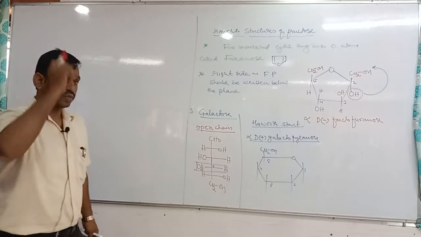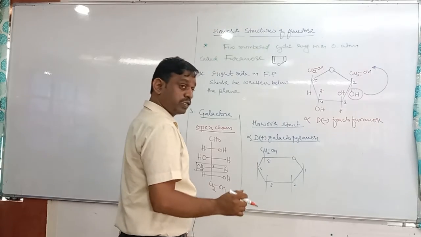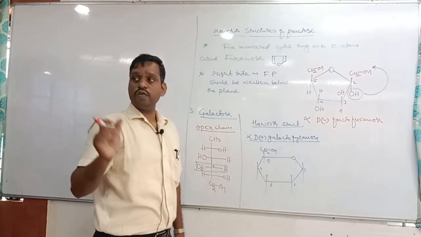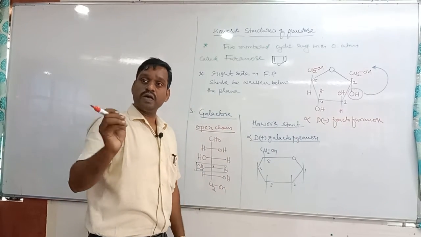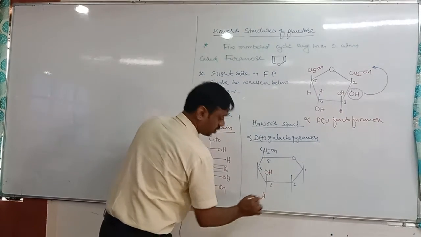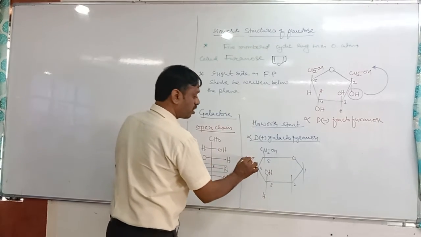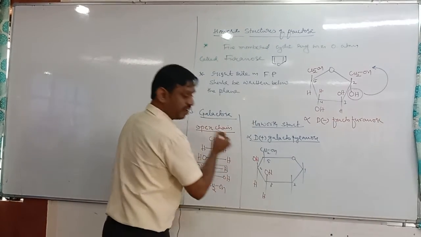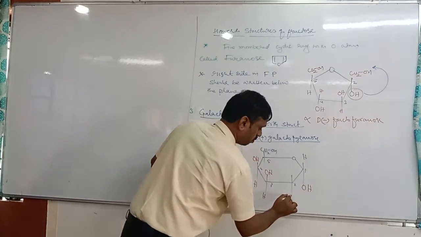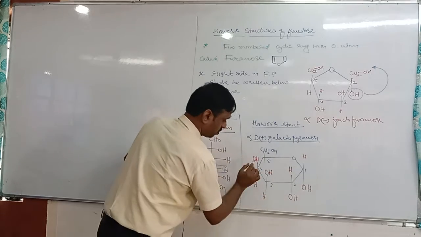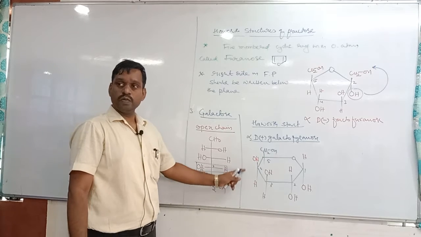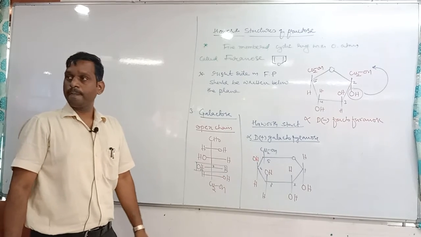In alpha-glucose, all the OH groups are below the plane except the third carbon. But in case of galactose, along with the third carbon, the fourth carbon is also above the plane, meaning left side. All the remaining are below the plane. That's it. If you are able to remember the glucose structure, it is easy.